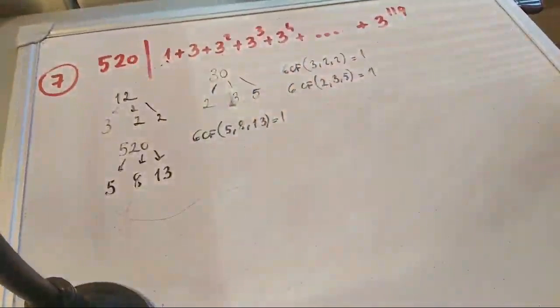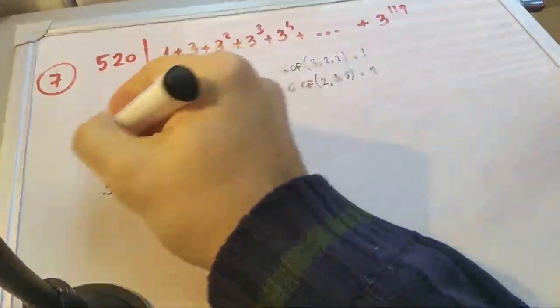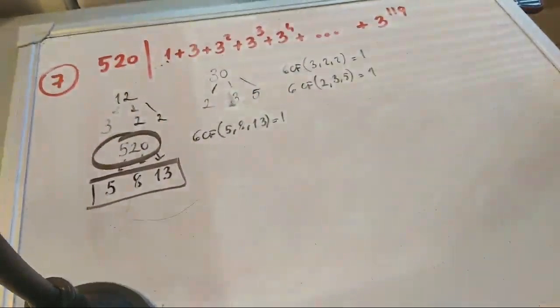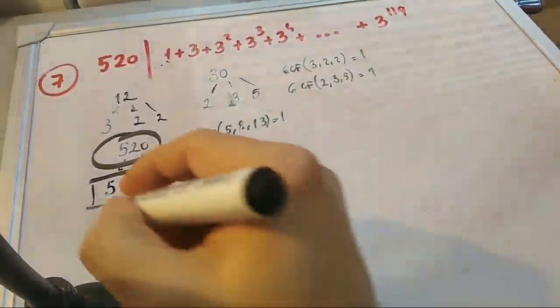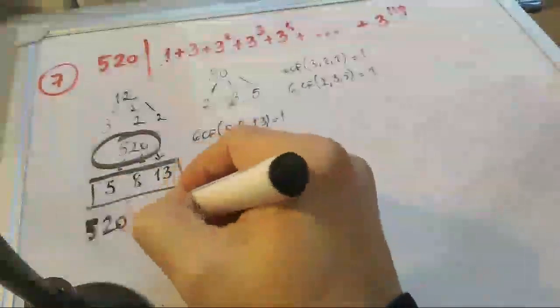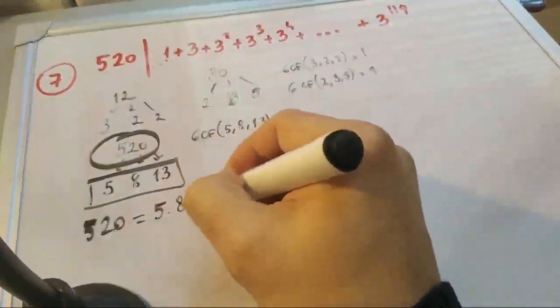Means that instead of 520, we can write 5 times 8 times 13.